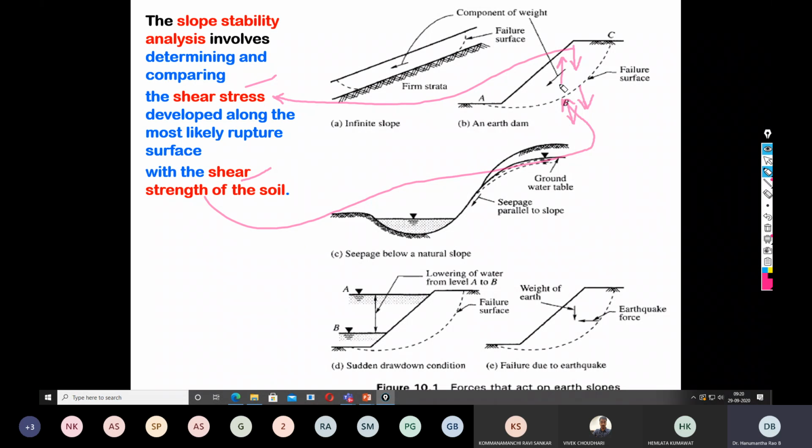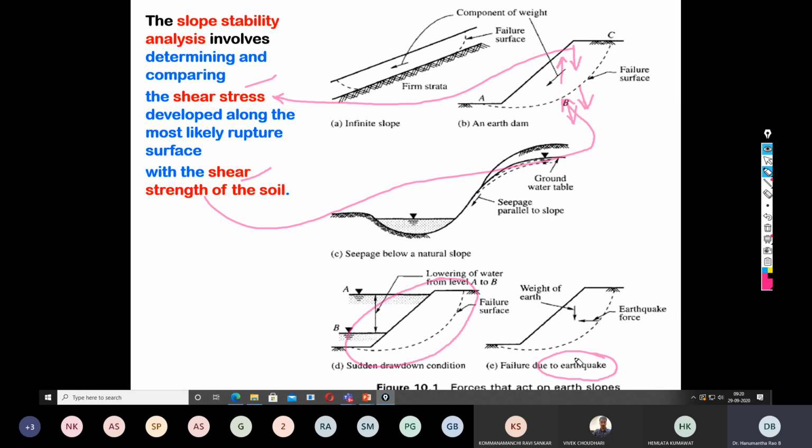In fact, the gravitational force or the shear stress development can be accelerated or triggered by other natural forces. One of them is seepage, another is a sudden increase in the weight of the soil mass, that is, sudden drawdown, or earthquake. So this is some kind of external perturbation.